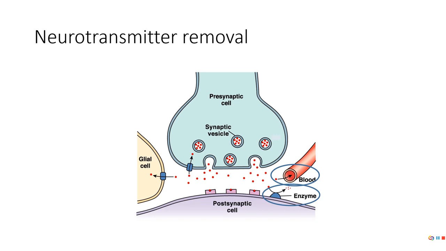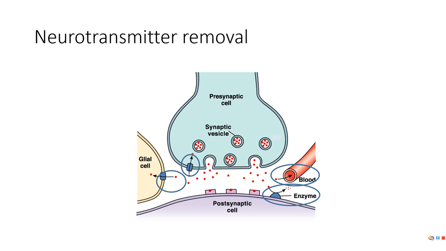One of those enzymes is something called acetylcholinesterase. Whenever you see the suffix ACE, A-S-E, that's usually an enzyme that breaks something down. The neurotransmitter can be resequestered or taken back up into the presynaptic neuron, or it can also be taken up by another cell.